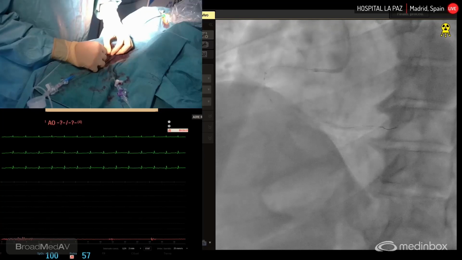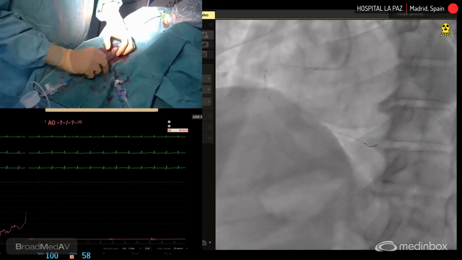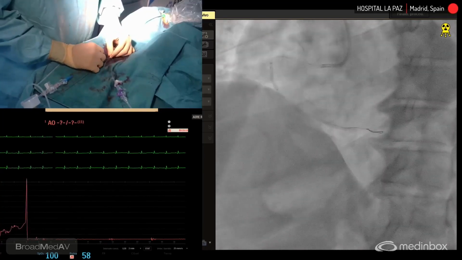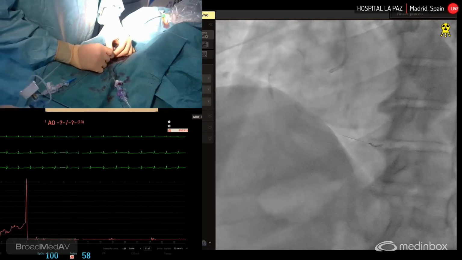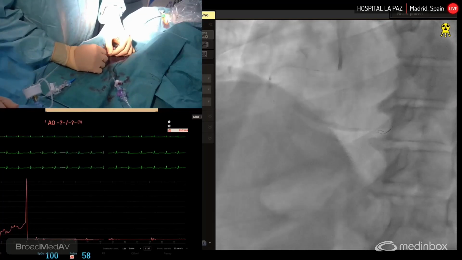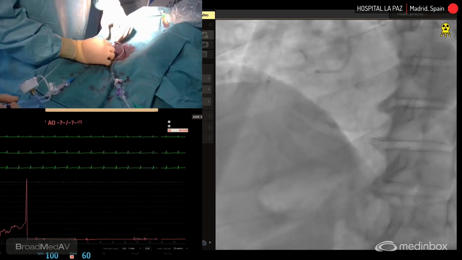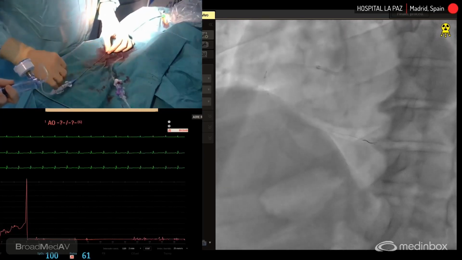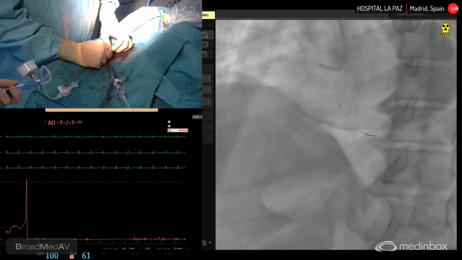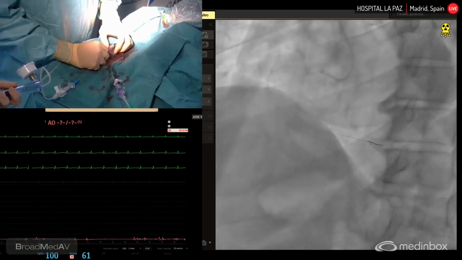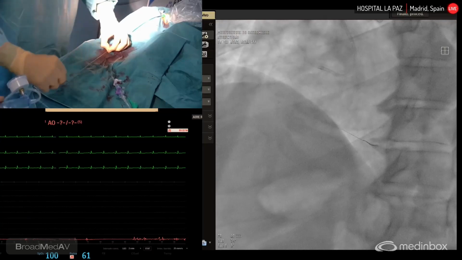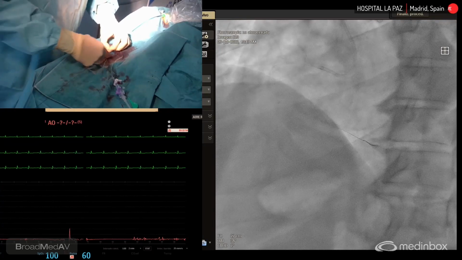Inflame. Espera un segundo, estoy dentro todavía. Inflame ahí, 4, 6. Vale, desinfla.